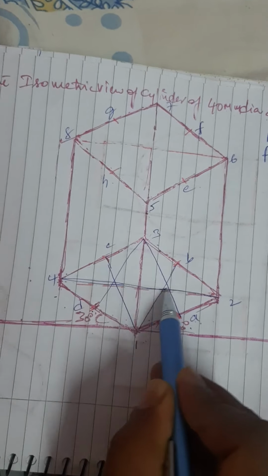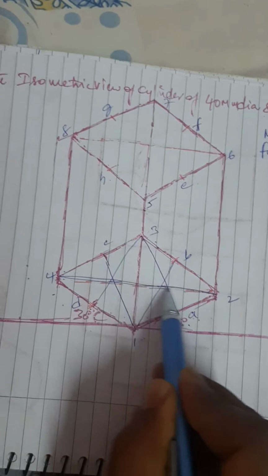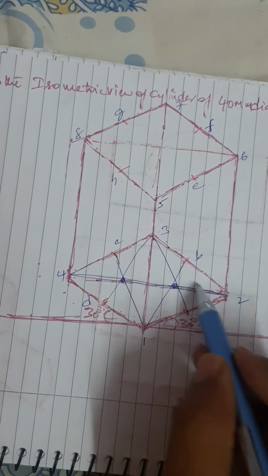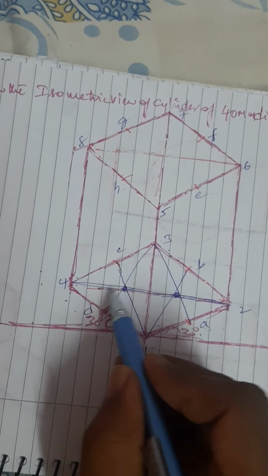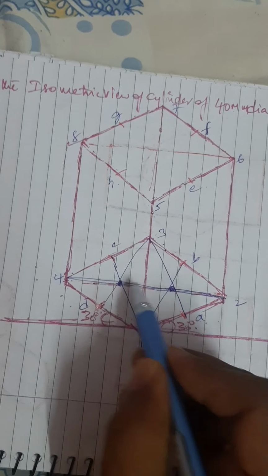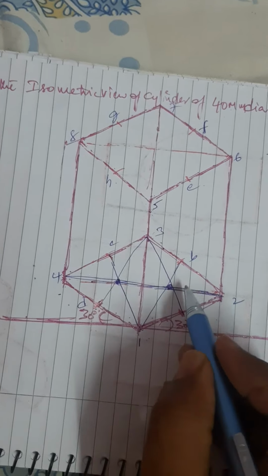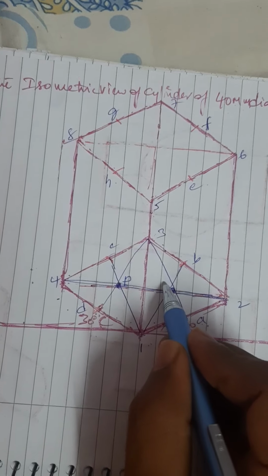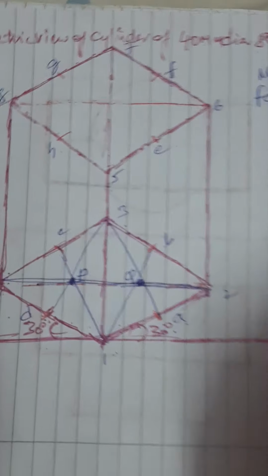When I join point 2 with 4, I get two intersecting positions here. Three lines are meeting at this position and three more lines are meeting at this position. Now I am naming these intersecting positions, the first one as P and the second one as Q. Got it?